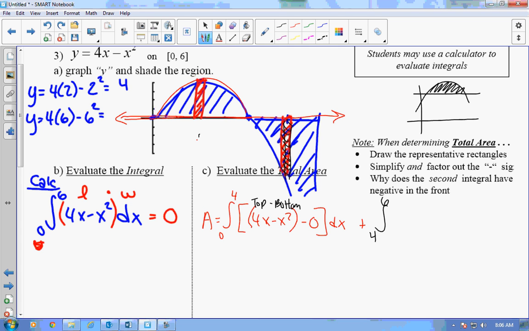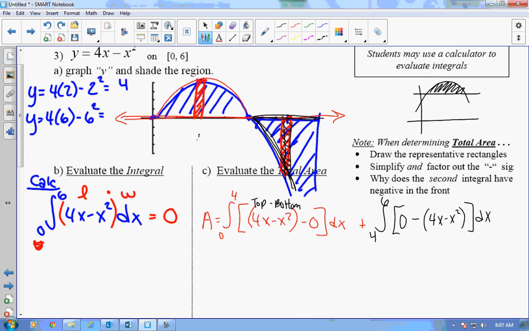Top minus bottom. What's the top function? Y equals 0, minus the bottom function. That curve. What's the function for that curve? Yeah, and make sure you put all that in parentheses because we're minusing all of it. dx.